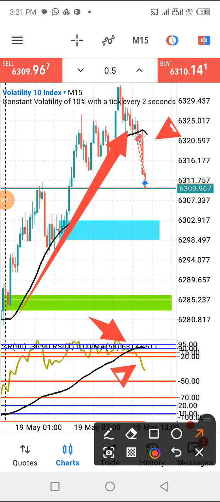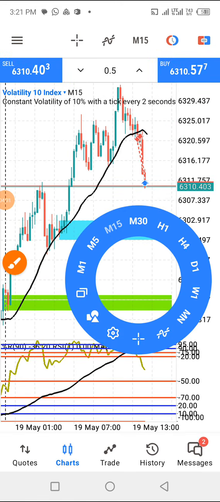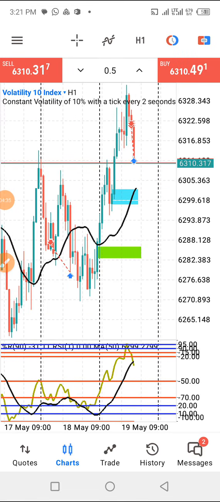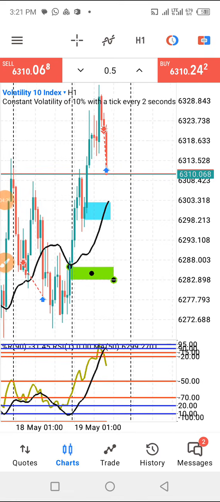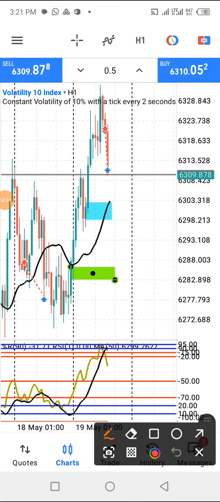But that is not all. Before you take such entry, you want to check the condition in 1 hour time frame. And what do you want to see in 1 hour time frame? We want to see the black line around level 90.